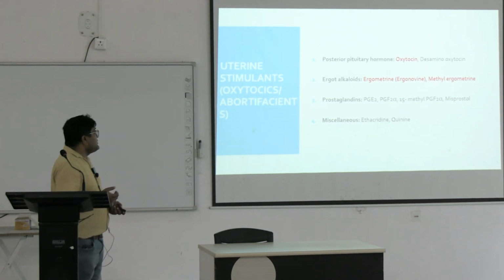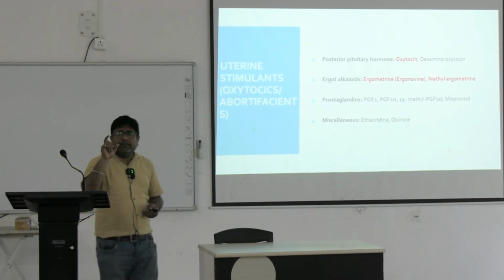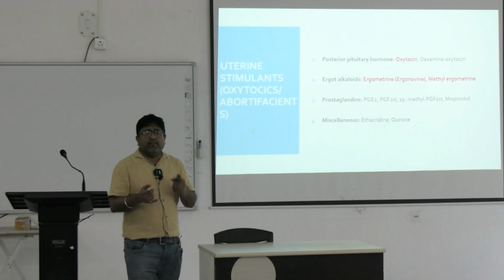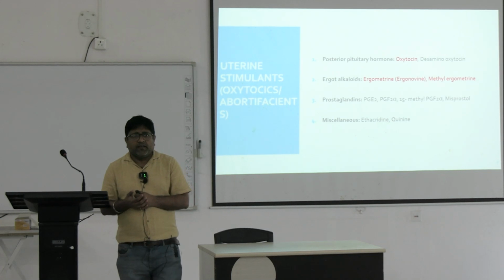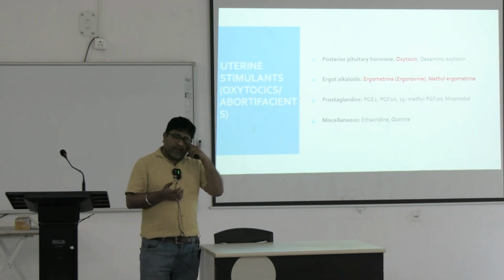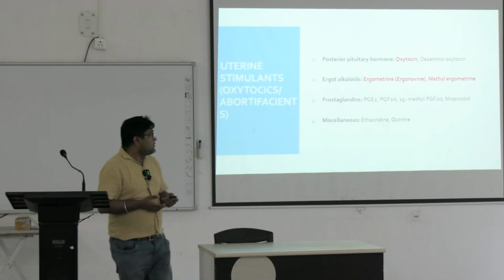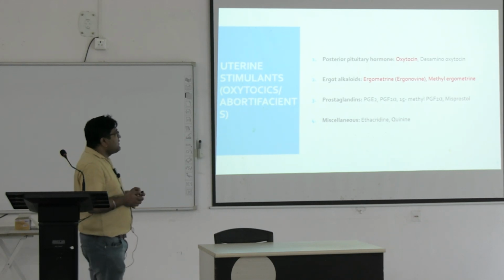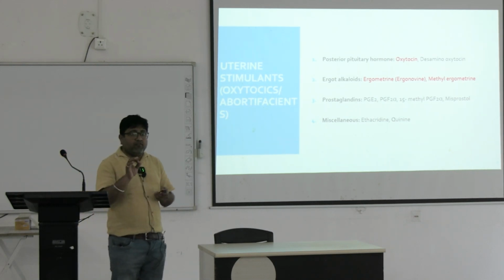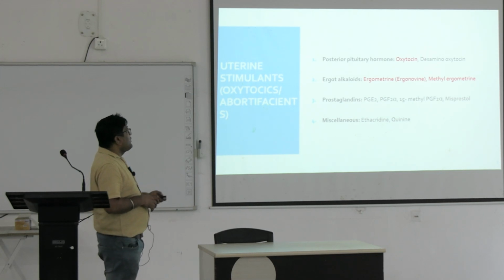Now, uterine stimulants. We know that the posterior pituitary releases oxytocin and vasopressin. What's the role of oxytocin? It increases uterine contraction. So the posterior pituitary hormone oxytocin is the primary drug. Next, ergot alkaloids.